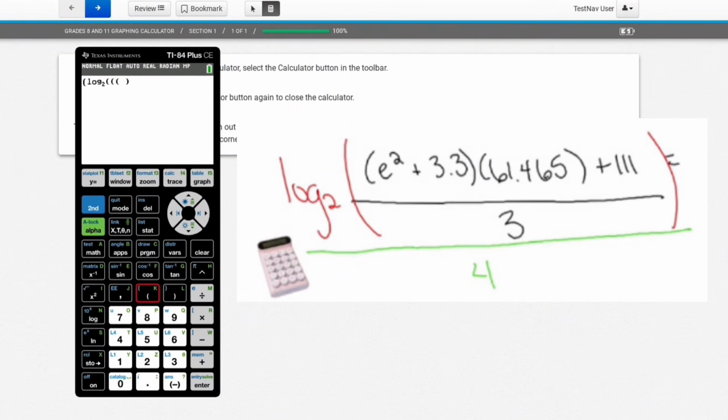I'm going to type in e squared, so where's my e to the whatever? So second e to the whatever squared. Let's move over. Plus 3.3, close that parentheses, 61.465, close parentheses, plus 111.